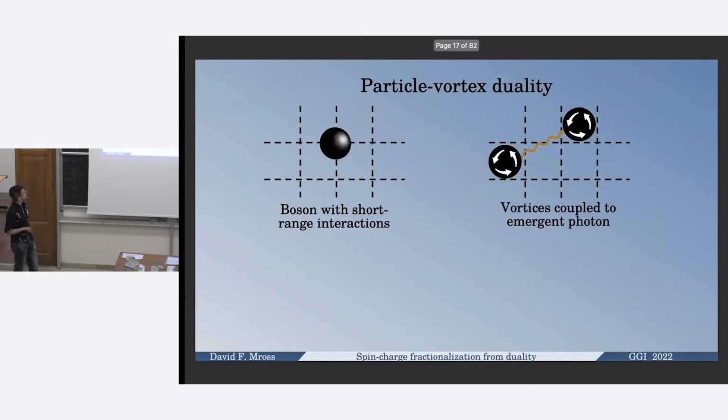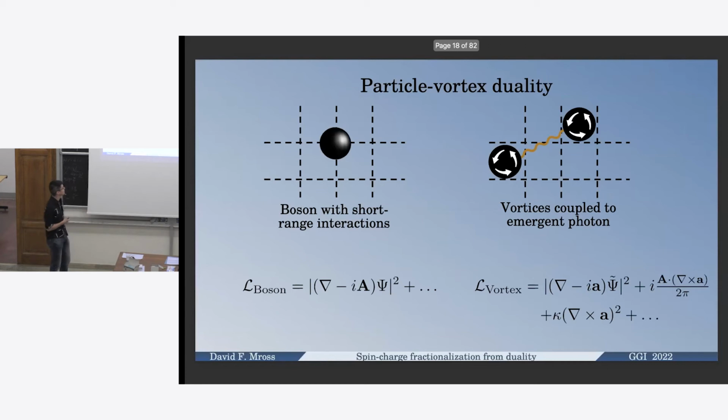So I'll be talking mainly about this rather well-known and simple duality, which is the particle-vortex duality of bosons. Right, so I have bosons, they have some short-range interactions, and we know that we can equivalently describe this system as vortices coupled to some emergent photon. And so that's the way it's often formulated.